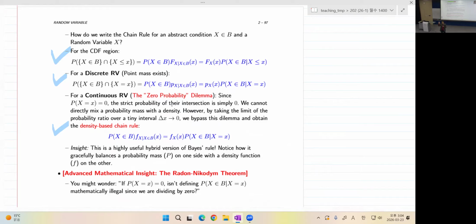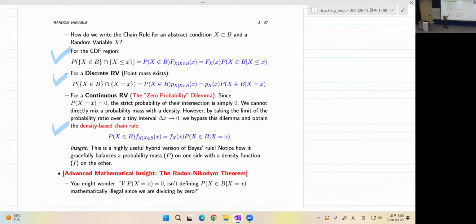As I told you, conditional something. Second, conditional something related: chain rule, total probability theorem, Bayes theorem, and independence. So we've just seen the conditional CDF, PDF, and PMF. Now, what about the related chain rule? And here goes a strange thing.